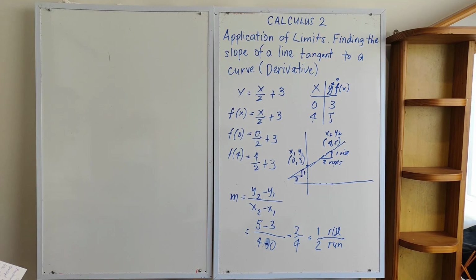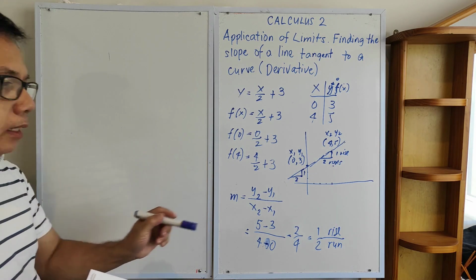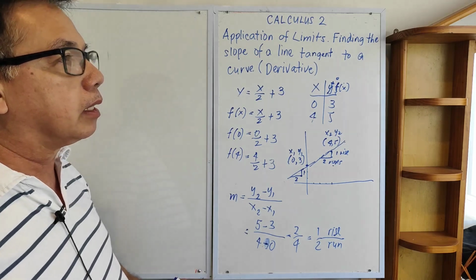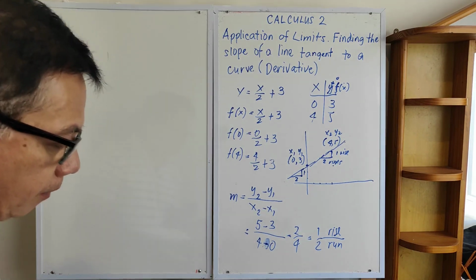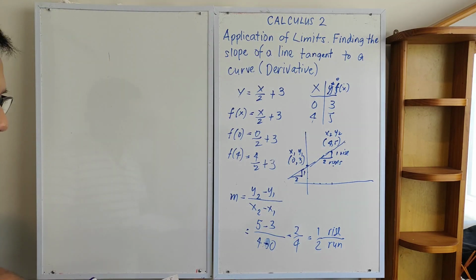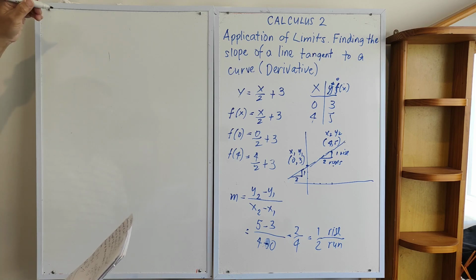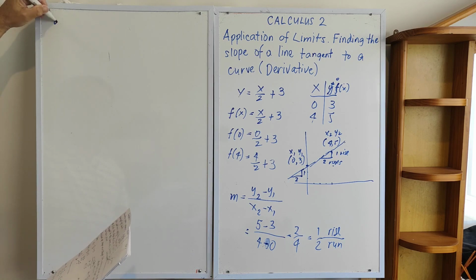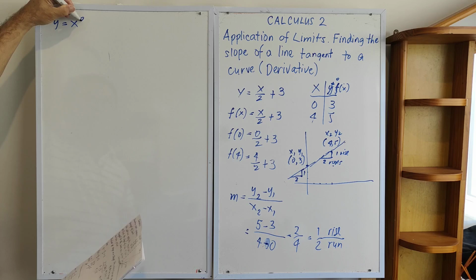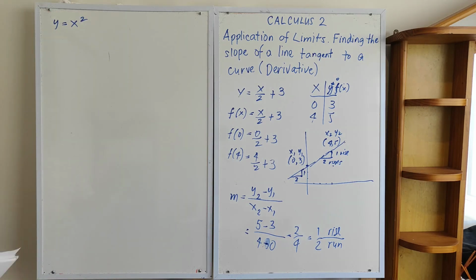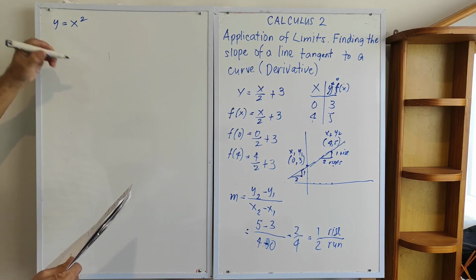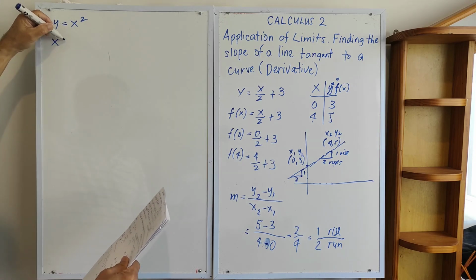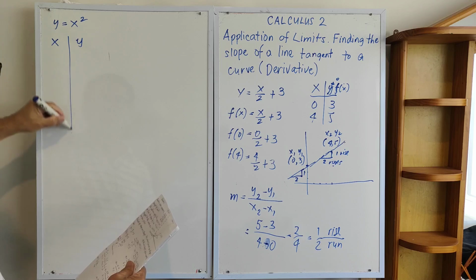But for a curve, each point in the curve will have a different slope if you draw a tangent line on it. So let's take an example, this equation, y is equal to x squared. So let's use x and y for now.